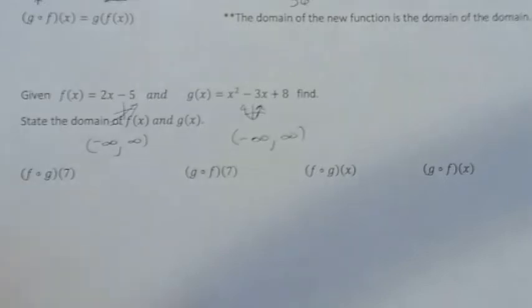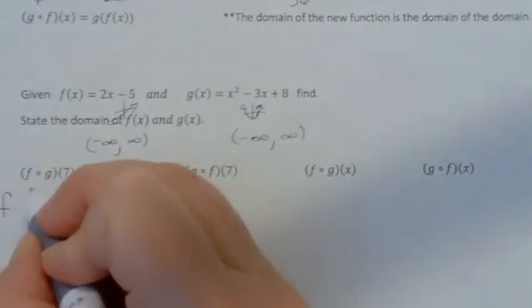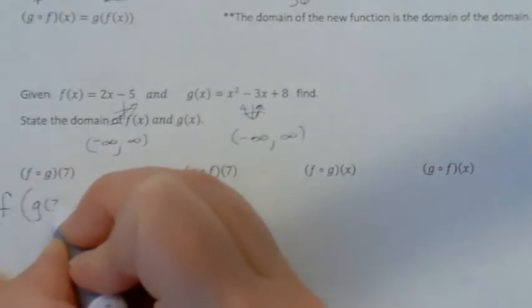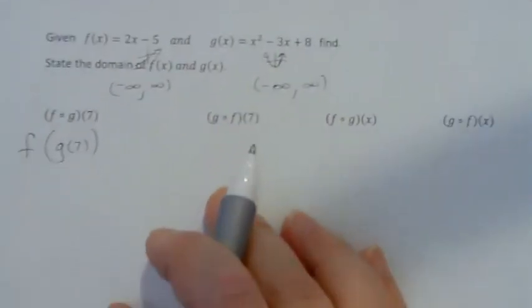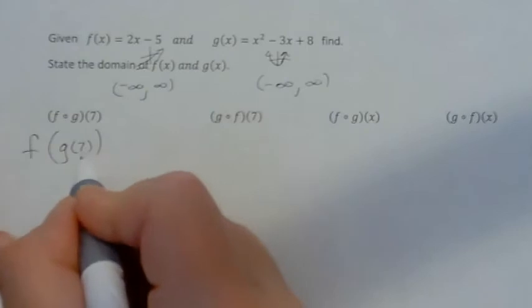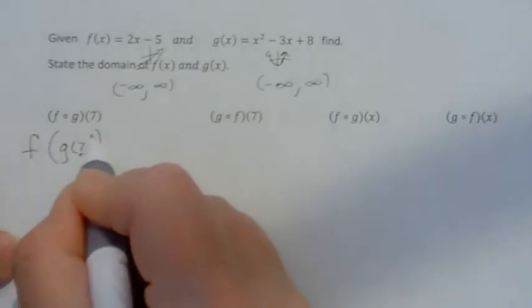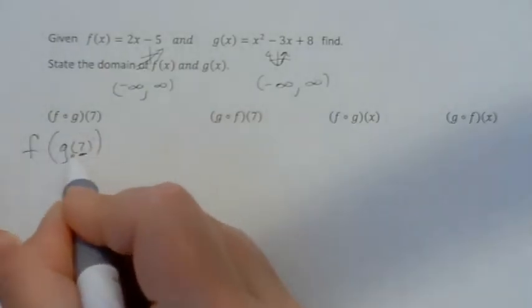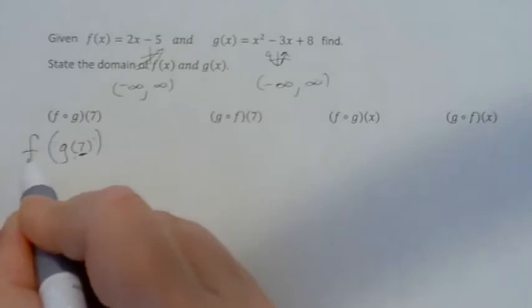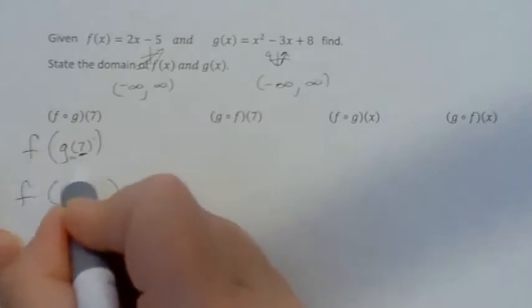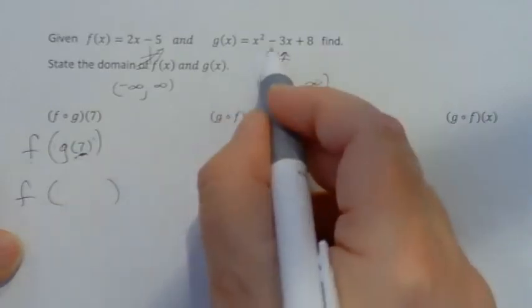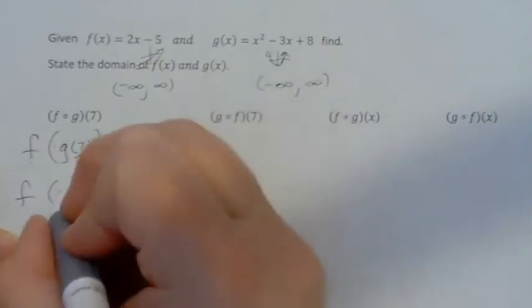So I want to start by finding f of g of 7. So the input value for the g function is going to be 7. Once I find the answer to this, I'm going to put that as the input value to the f function. So I'm going to go find what g of 7 is. So I'm going to go up here and put 7 in for x.